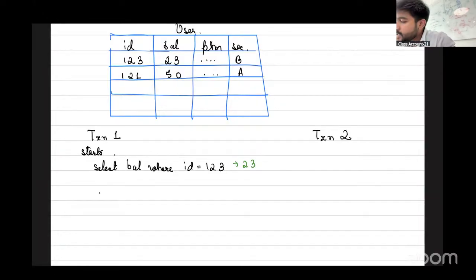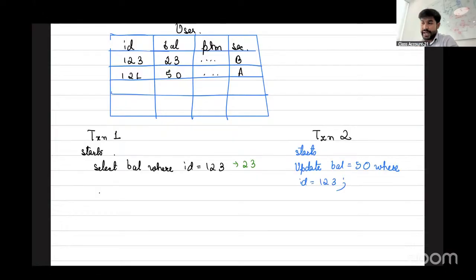Now in the meantime, transaction 2 also kicks in. It says update balance equals 50 where ID is equal to 123.